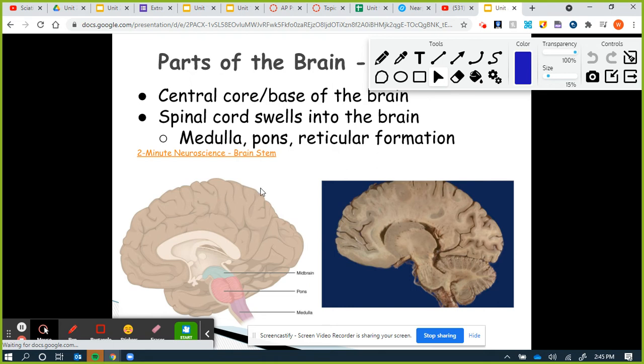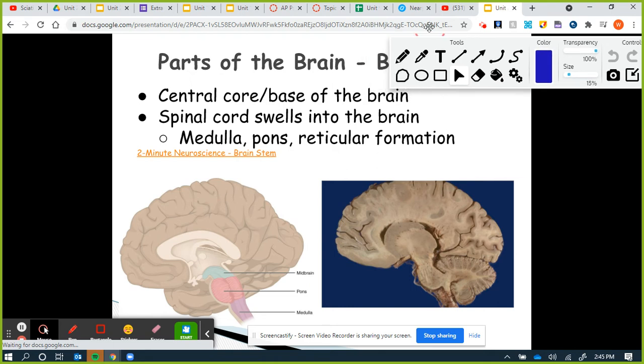So at the base of the brain, right here, here's the spinal cord, and then coming up off of it, just like the stem of a flower, is the brain stem, which includes the medulla, the pons, and the reticular formation.